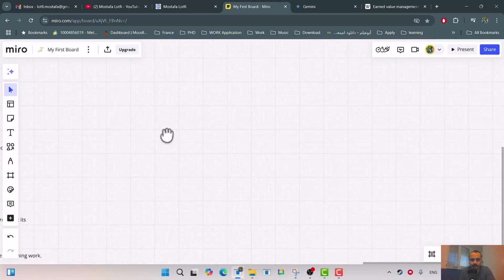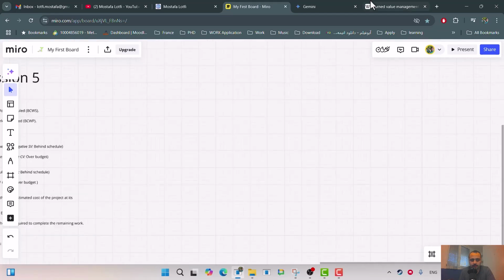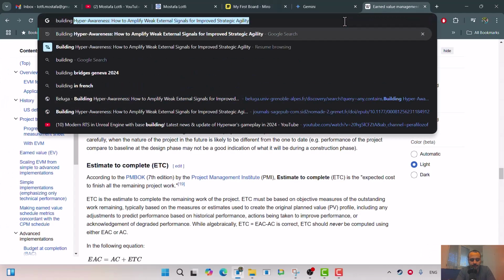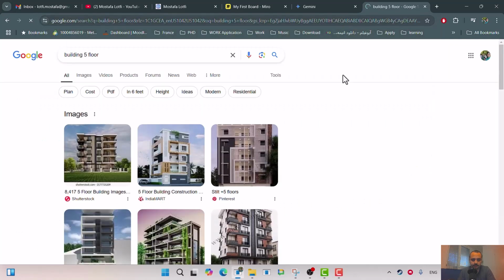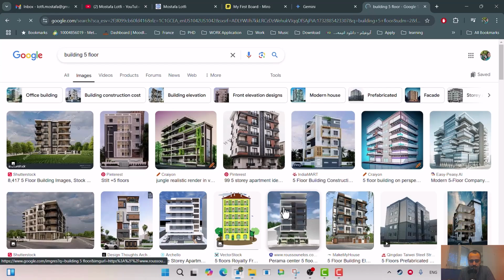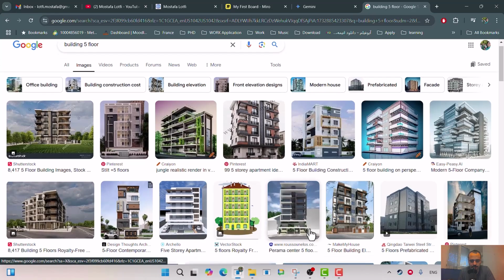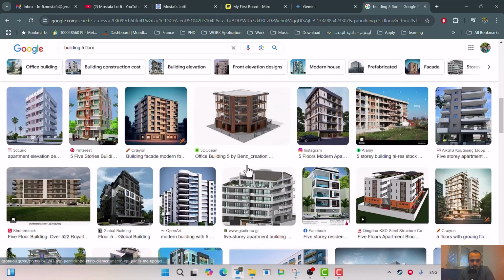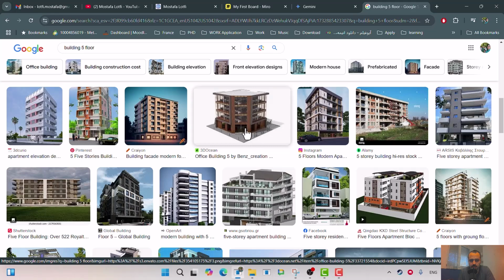Okay, let me search for a 5 floor building. Let me find a nice image first for my example. Maybe this one is a good one. This is not 5 floor exactly.